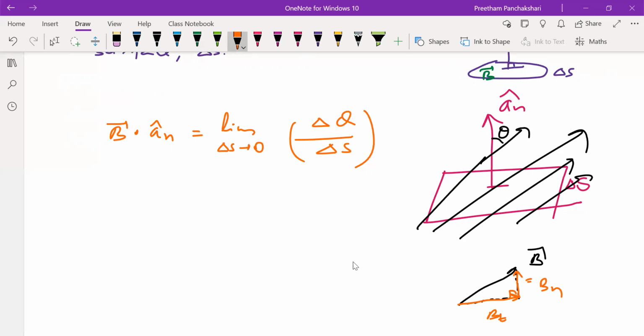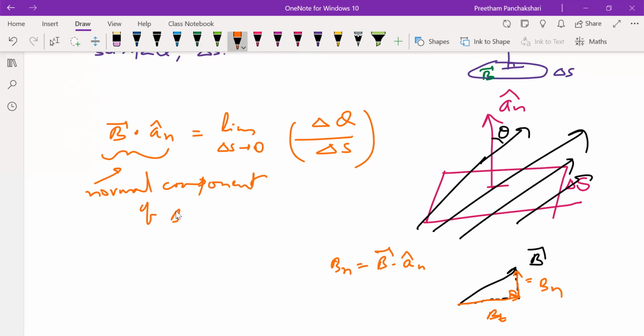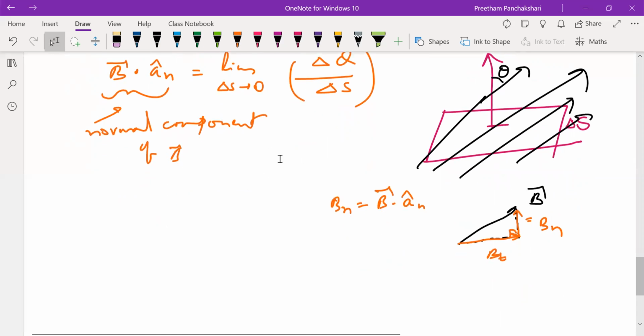So that's why the normal component of any vector is given by the dot product of the vector with the unit vector normal to the surface. Based on this, B dot a_n represents the normal component of vector B that passes through the surface. So the amount of flux passing through any surface is given by its normal component.